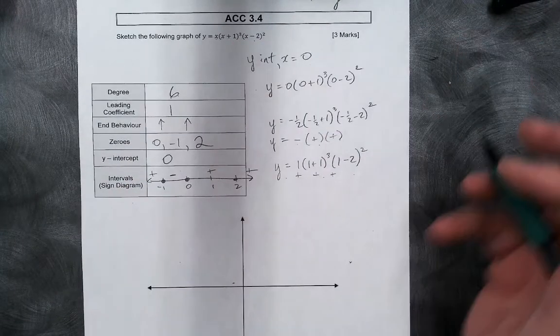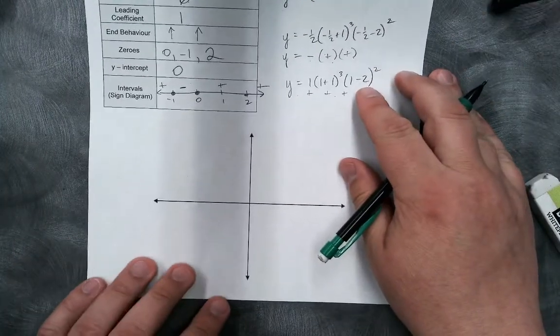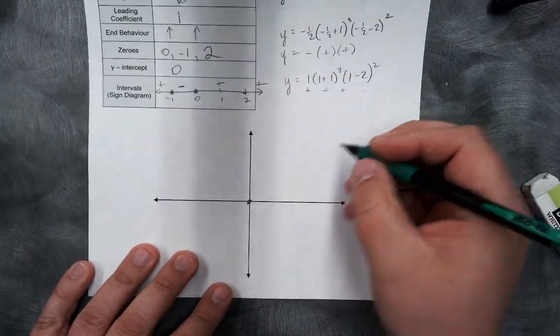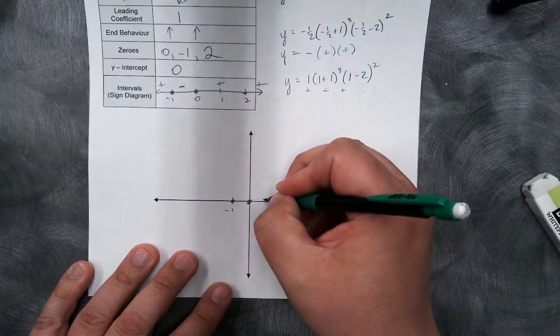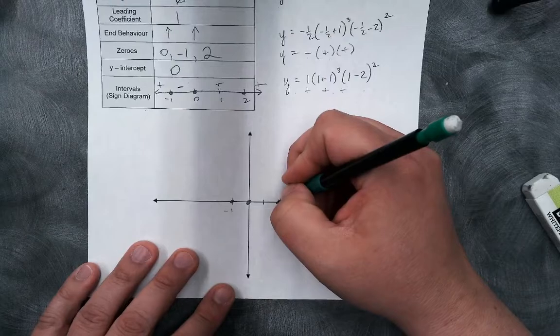Now, let's put the graph together based on our information. What do we know? We know that we go through 0, 0. We know that we go through negative 1. We know that we go through positive 2. Then we know that both arms go up.